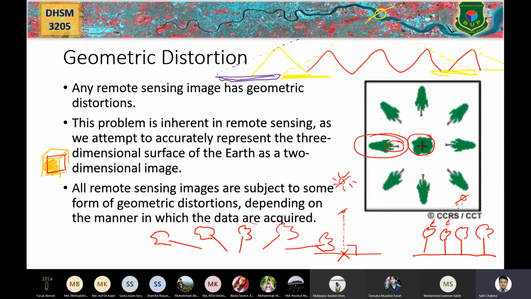So for detecting as big an area as that, of course at some point it has a nadir point which is directly below the satellite, but the rest of the areas are away from that nadir point. So the further away it goes, the more distortion it has.